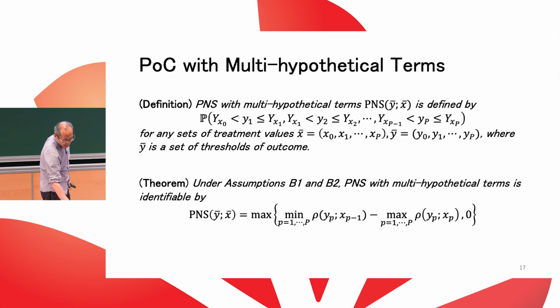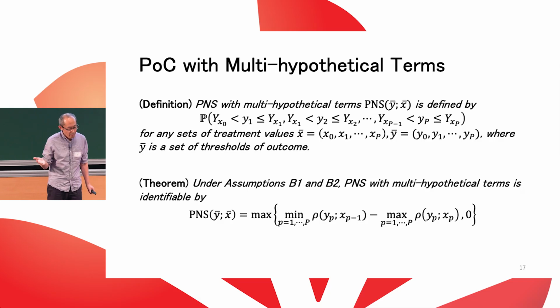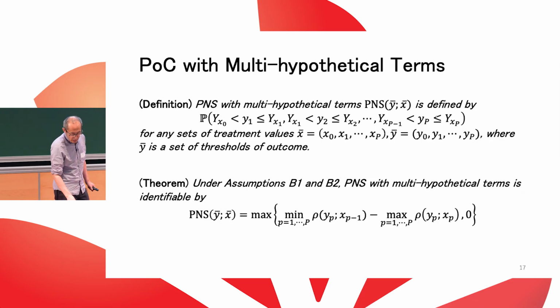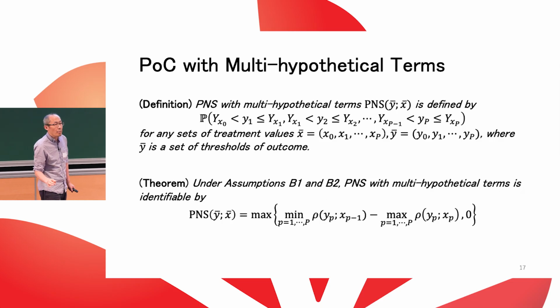So we may define this kind of PNS, where we assume there are p different counterfactual statements. And again, we show that under the same assumptions, this PNS with multi-hypothetical terms is also identifiable. So it's estimable from the observed distributions.